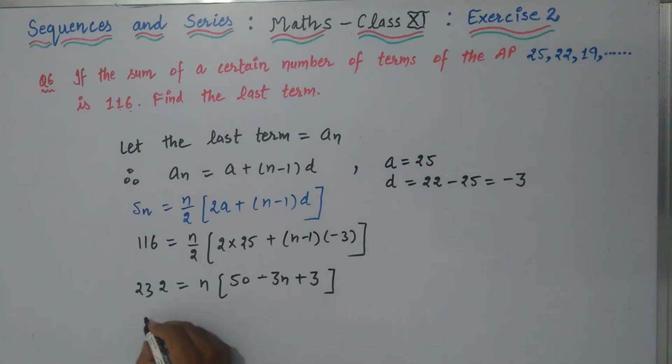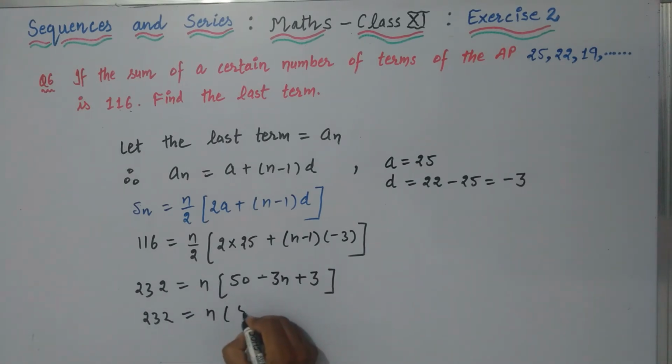So this becomes 232 is equal to n into 53 minus 3n. That means 232 is equal to 53n minus 3n square.